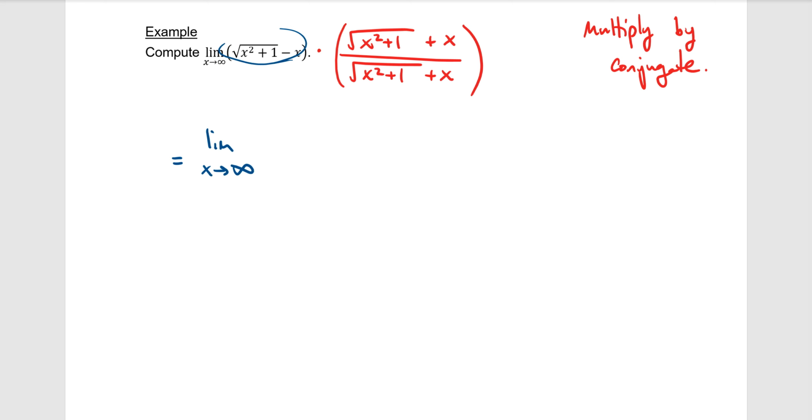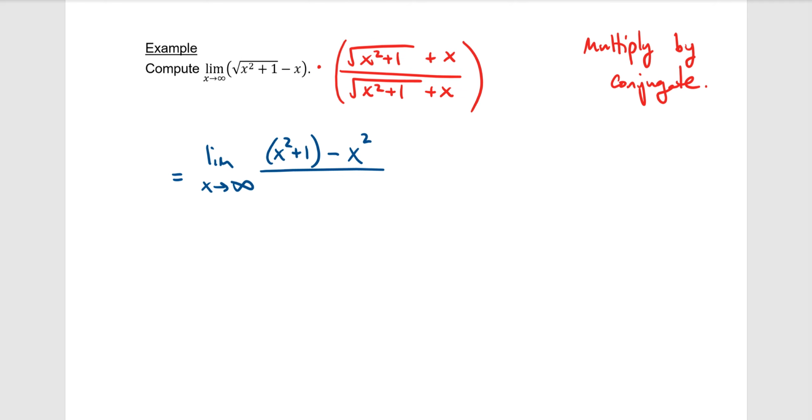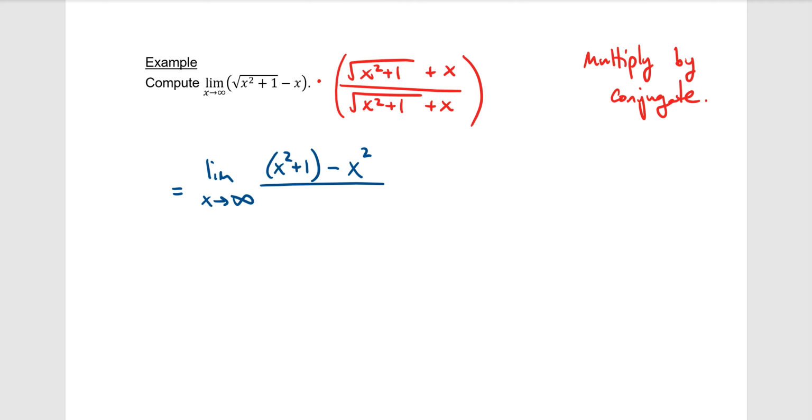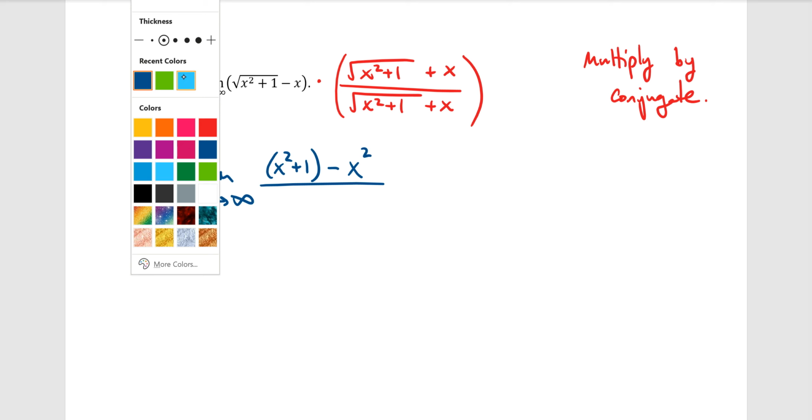So the numerator, when multiplying conjugates, remember it's a squared minus b squared equals a plus b times a minus b, the opposite of difference of squares factoring. It's going to be the first one squared. So the square root squared, they cancel. You're just left with x squared plus 1, minus the second one squared. The second one squared is x squared, so it's minus x squared. Let me just write that up here just so we remember that.